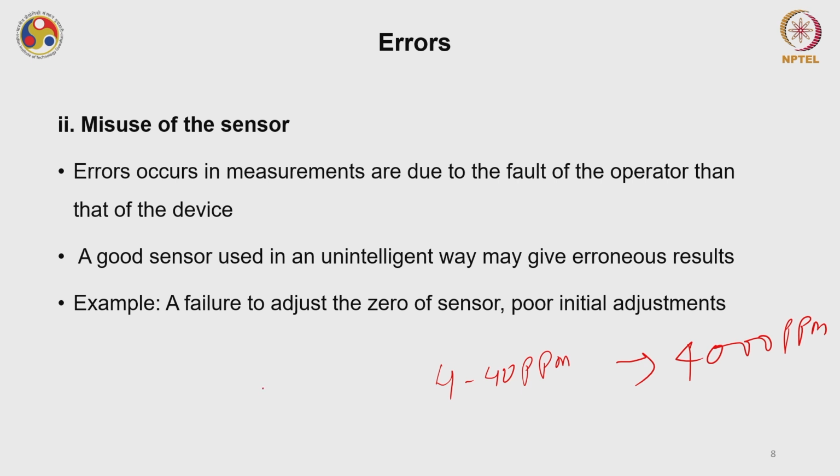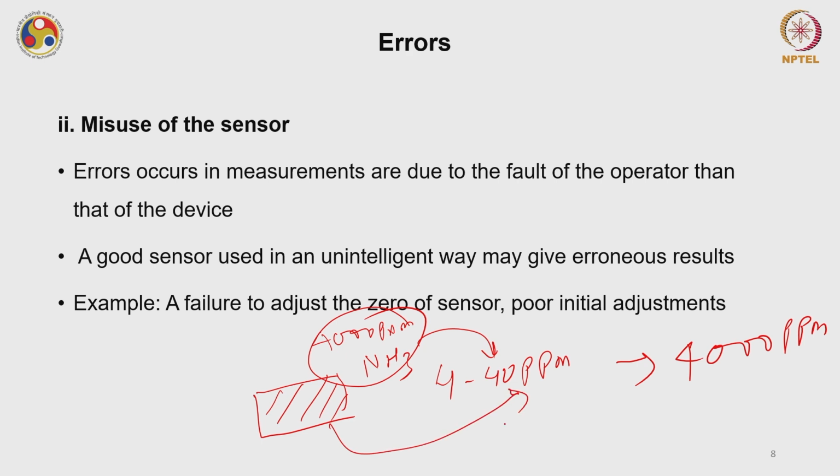Say I have a very good, very precise sensor film, on which I have exposed 4000 ppm of ammonia gas, in place of 40 ppm. The receptor film was meant to be exposed to not more than 40 ppm. Now this person is misusing it and exposing it to 4000 ppm of ammonia. What will happen?